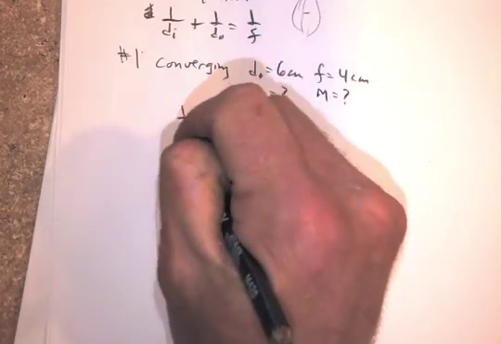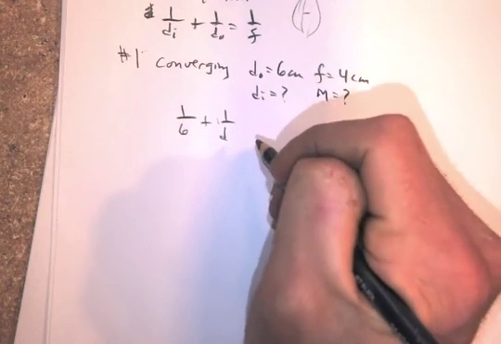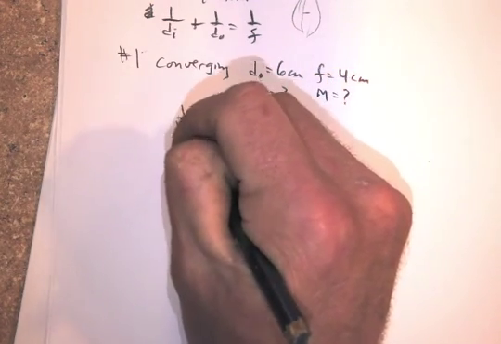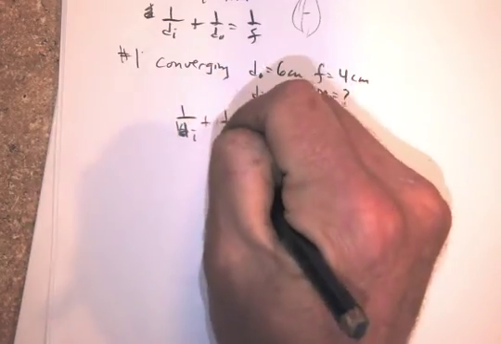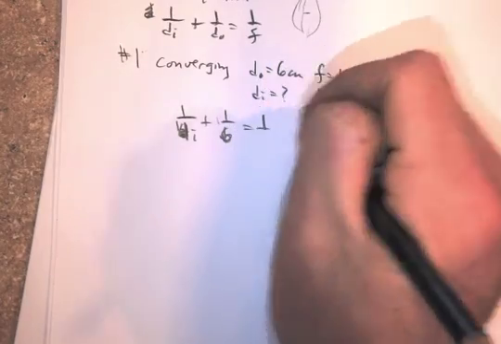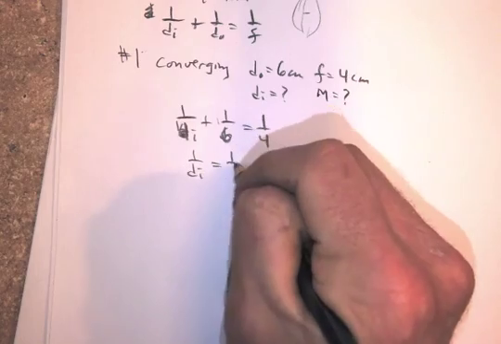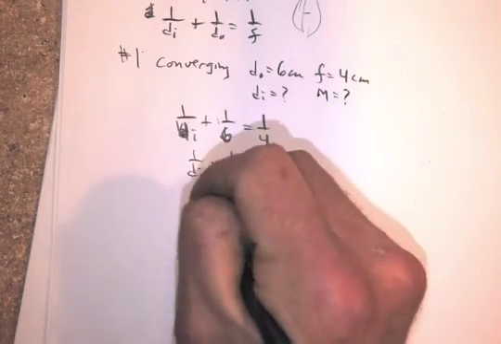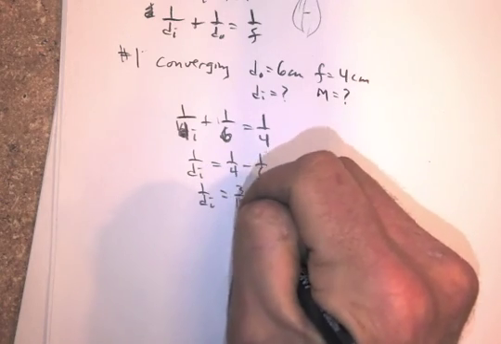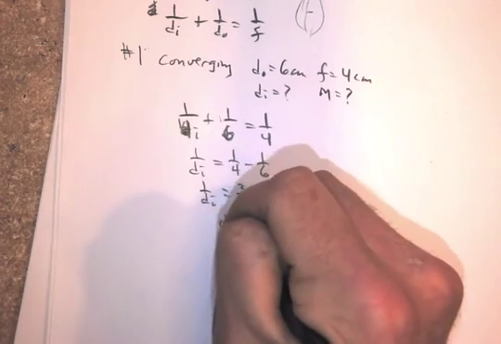All right, so 1 over di plus 1 over 6. That's how I set them up. Equals 1 over 4. So 1 over di equals 1/4 minus 1/6. 3/12 minus 2/12 is 1/12, so di is 12.